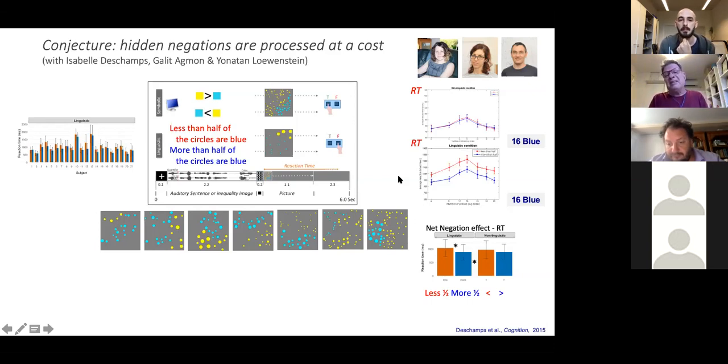Or you have this business of reading something from left to right versus right to left. You get presented with a sentence from left to right, but then the question is, is the larger quantity the one that you see first or second? Things of that type. These are psychological factors that you want to get rid of.